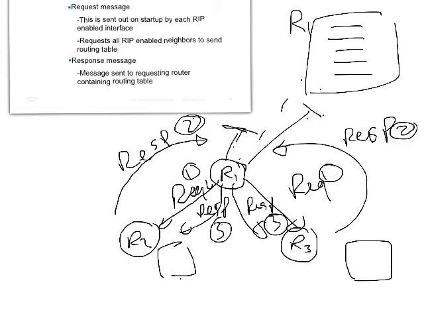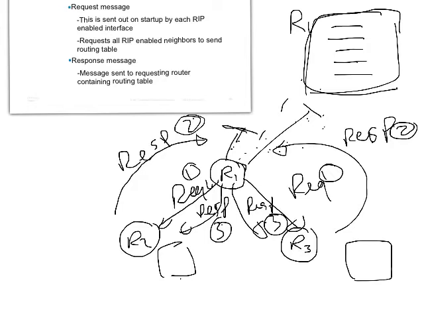And this response at the third step will contain the routing entries in the routing table of router 1, including the LANs that are directly connected to router 1, because router 2 and router 3 until now do not know any information about these directly connected networks, right? Only router 1 knows about them.